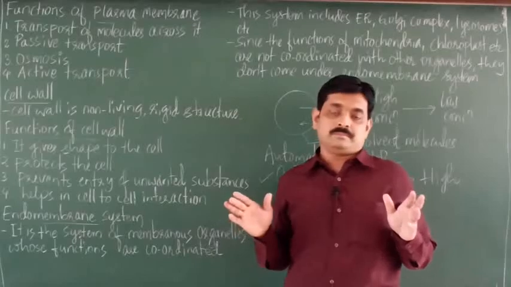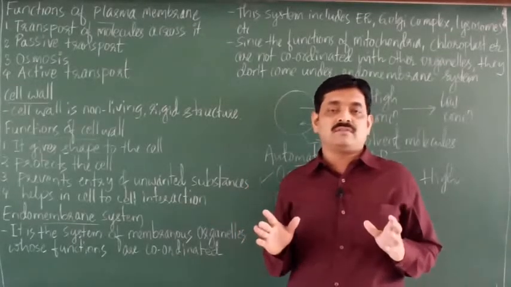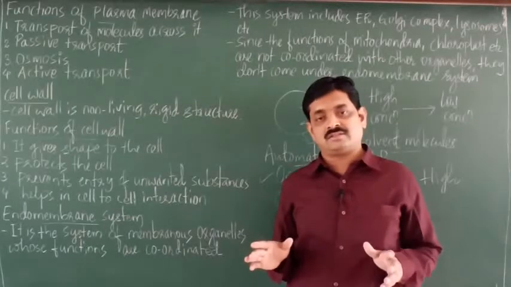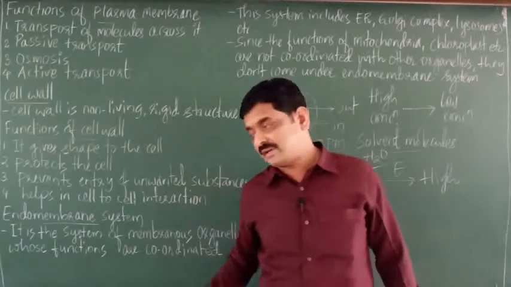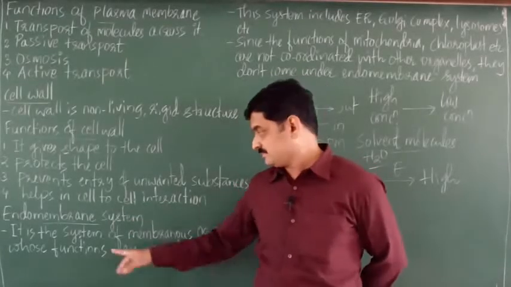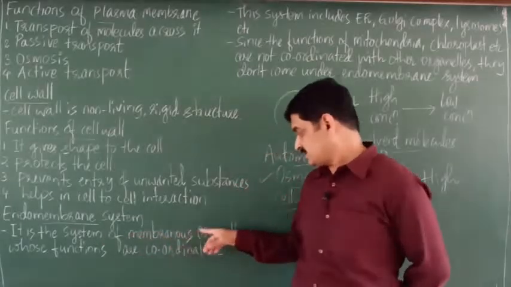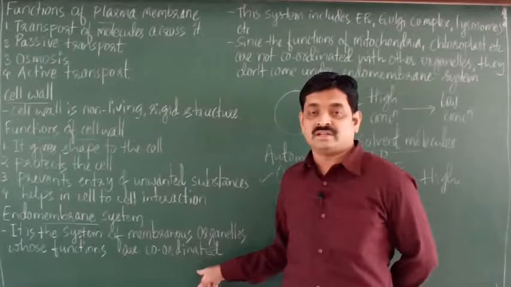So the system consisting of membranous organelles located inside the cell is called the endomembrane system. So the endomembrane system is the system of membranous organelles whose functions are coordinated.